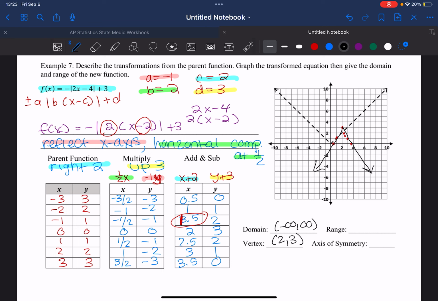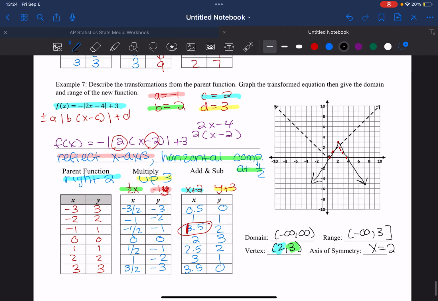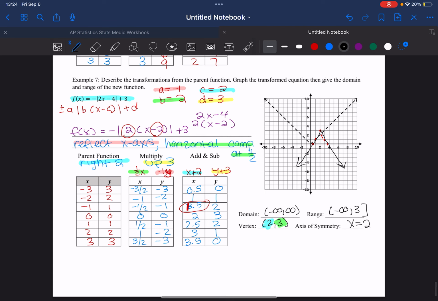Since it's going down, we are going to borrow this 3 here, but instead we're going to do negative infinity to 3. And then for the axis of symmetry, we are borrowing the x value, and we get x equals 2. Okay, so this is what you should have got for number 7. Go back, double check your work, and that's it.